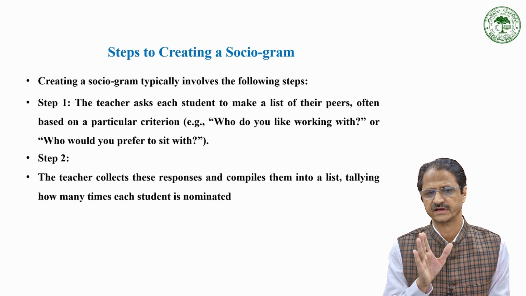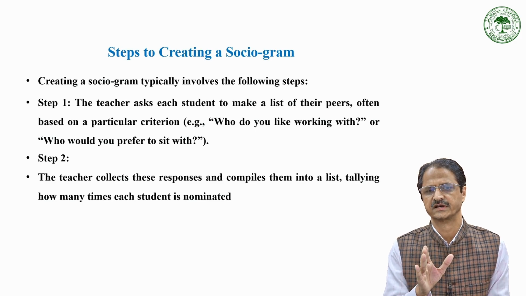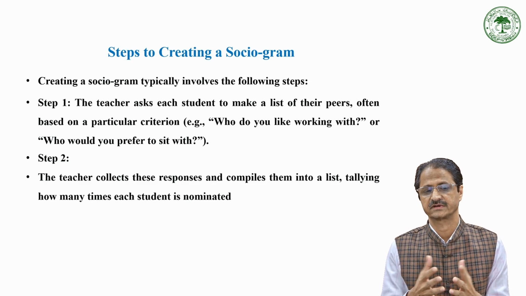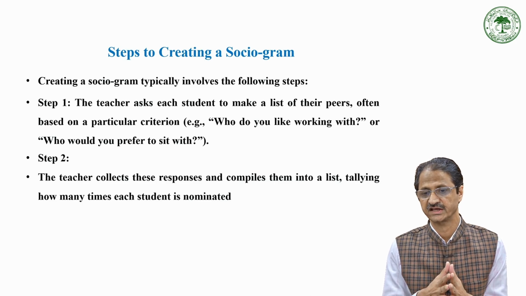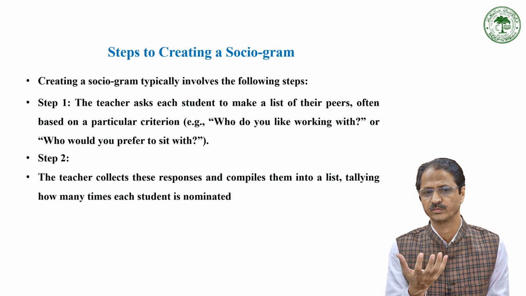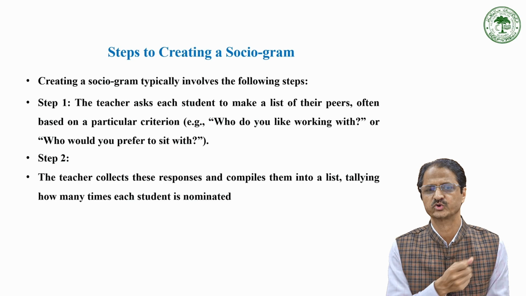Now, if there are few students in the classroom, then all give their responses. In the second step, after collecting the responses, we compile them in a list and tell how many times each student is nominated. Okay, who is nominated by most of the students.